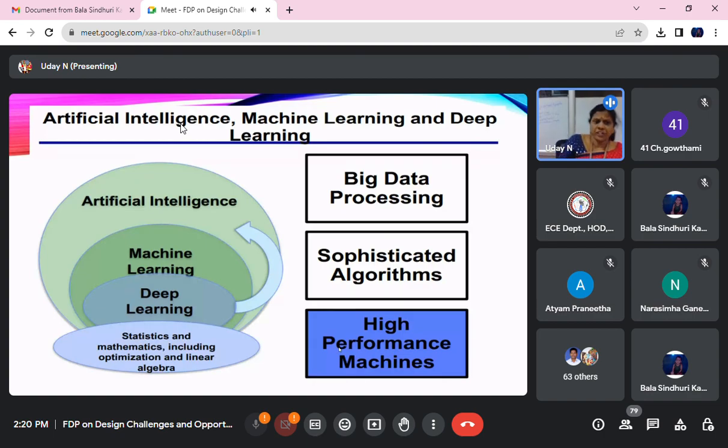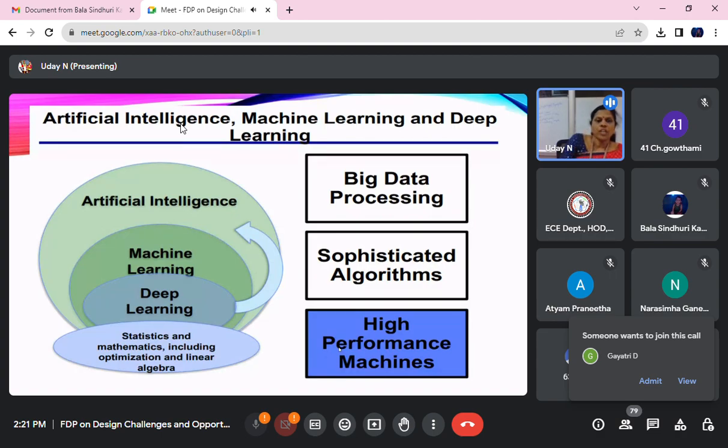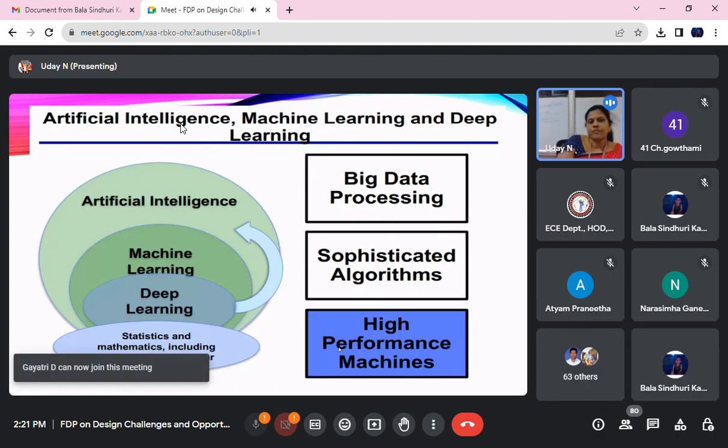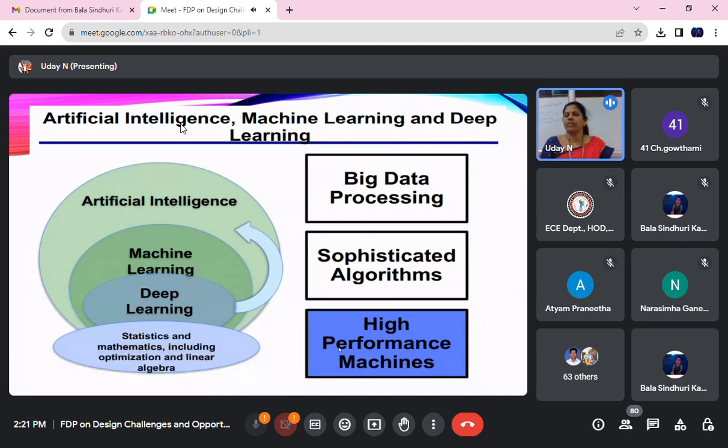Artificial intelligence, machine learning and deep learning have fundamentally grown from the foundation of statistics. Statistics is the foundation for all the algorithms that we develop and implement in machine learning and deep learning. Alongside statistics, the most important concepts from mathematics include optimization techniques and linear algebra.